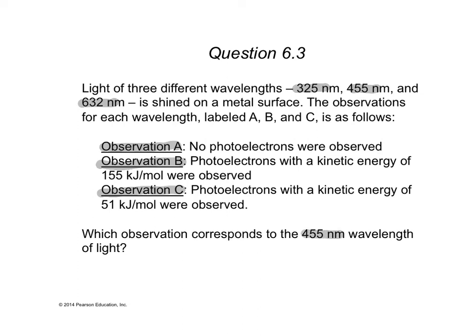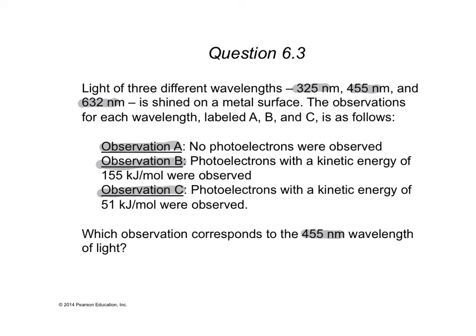In observation A, we don't see any photoelectrons. In observation B, we see photoelectrons, and they have a kinetic energy of 155 kilojoules per mole. And in observation C, we see photoelectrons with 51 kilojoules per mole of kinetic energy.